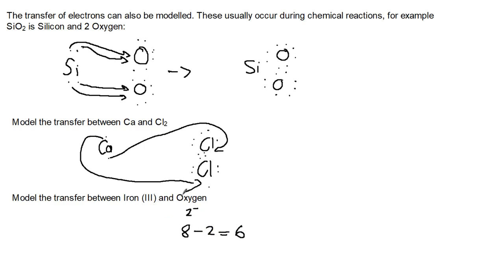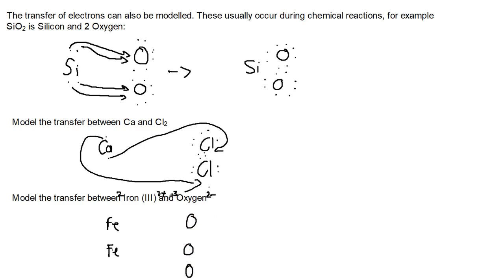Iron 3 and oxygen, so this is a 2- charge, and this is a 3+ charge because iron 3. So we need 2 of these ions, and then we need 3 of these. So since it's a 3 plus charge, we know to draw 2 ions, Fe, Fe, and then O, O, and O, right?